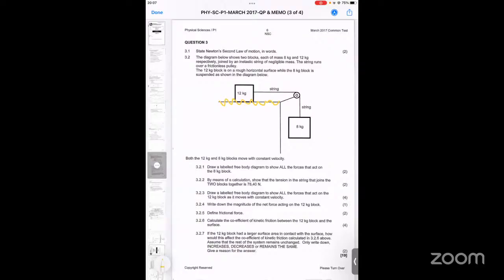So now they say both the 12 kg and 8 kg blocks move with a constant velocity. This statement alone, honorable members, is very important. Can anyone tell me what it means when they say they both move at constant velocity? Indirectly, what does it mean?